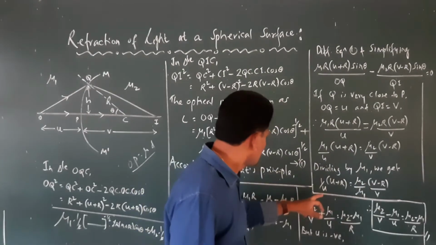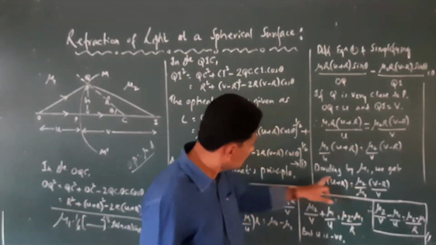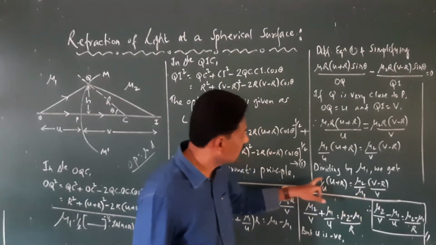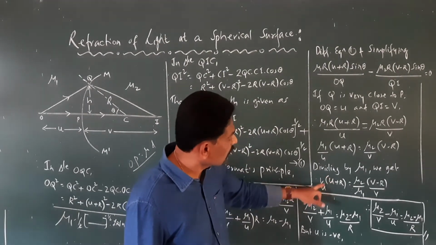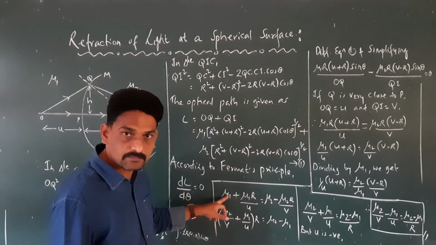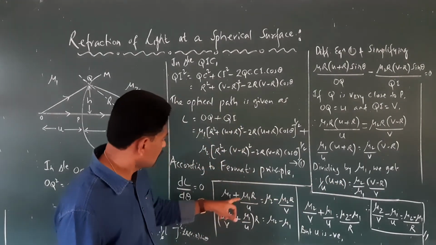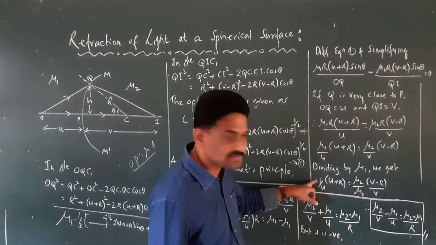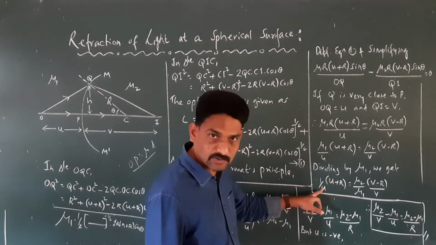Then, further simplifying, we cross multiply. When you cross multiply, mu1 into u, and u get cancelled with each other.